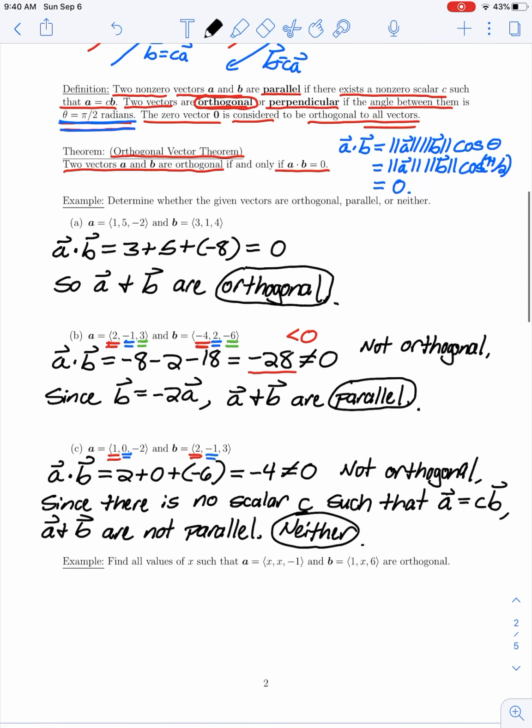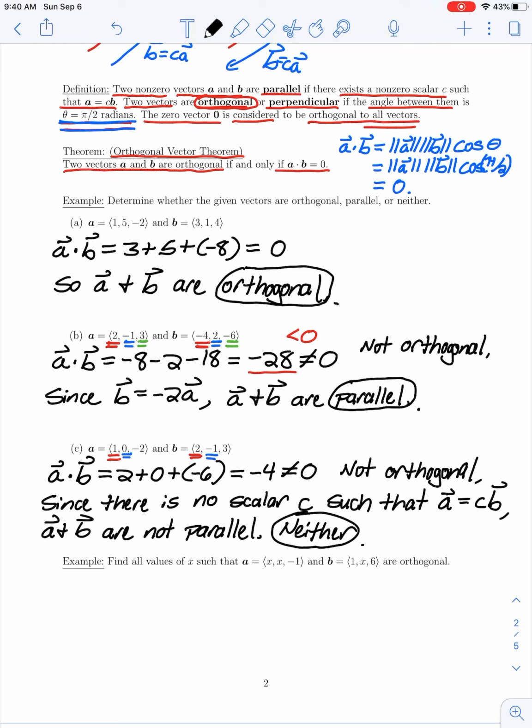Let's look at one other example. In this next one, a common type of problem we might have is to determine all values of x such that a vector A, whose components are x, x, -1, and B, whose components are 1, x, 6, are orthogonal to one another.